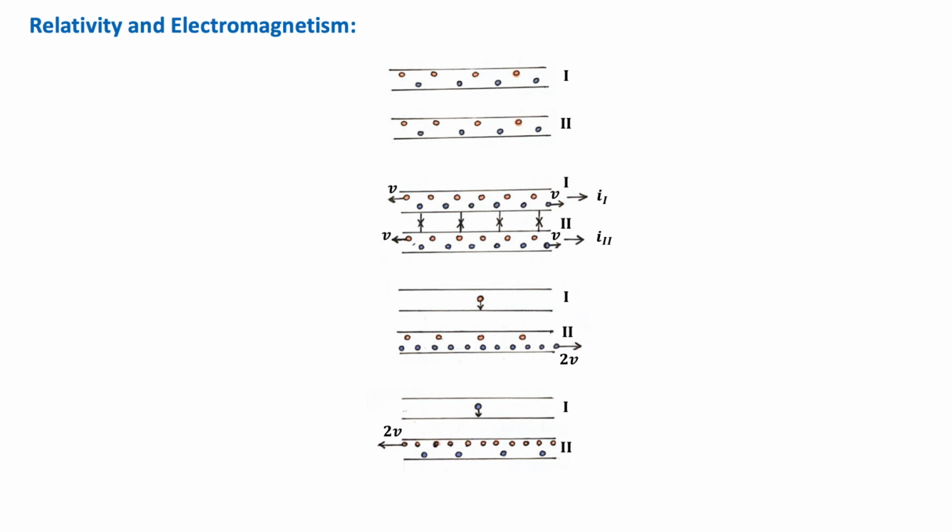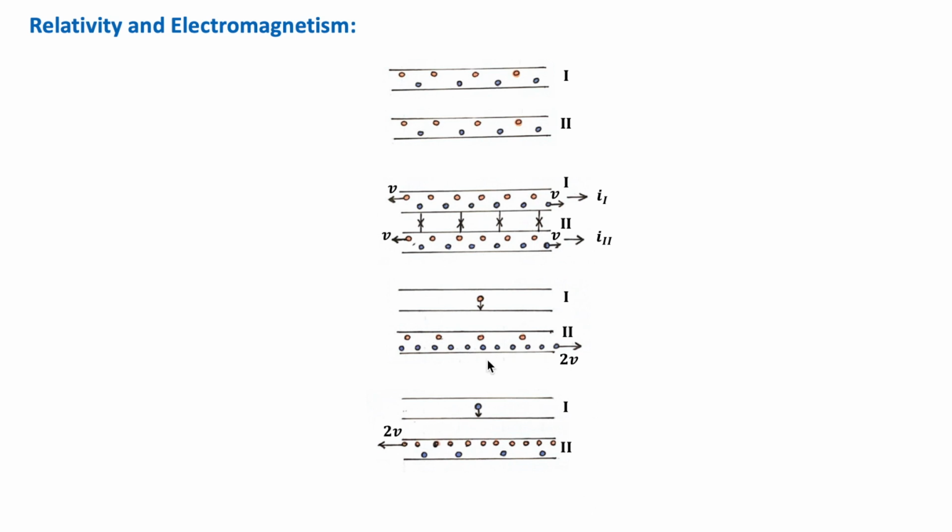So to understand why this happens, let's consider conductor 2 from a frame of reference attached to one of the negative charges in conductor 1, okay? So the negative charges in 2 appear at rest in this frame of reference, and so relative to the negative charge in 1, the spacing between these negative charges is not contracted, okay?